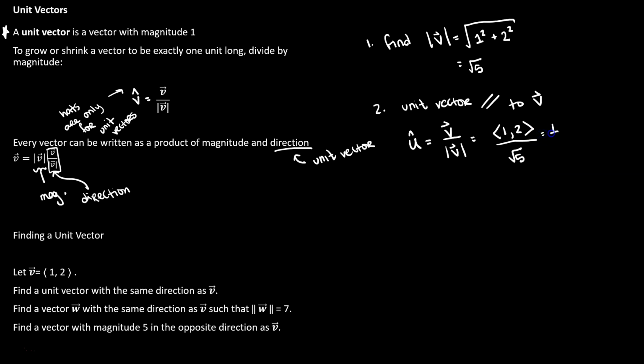Or I can write it as 1 over root 5 times the vector 1, comma 2 with pointy brackets. Or I can multiply that scalar, 1 over root 5, into my vector so that I have 1 over root 5, comma 2 over root 5, still using the pointy brackets because this is a vector.